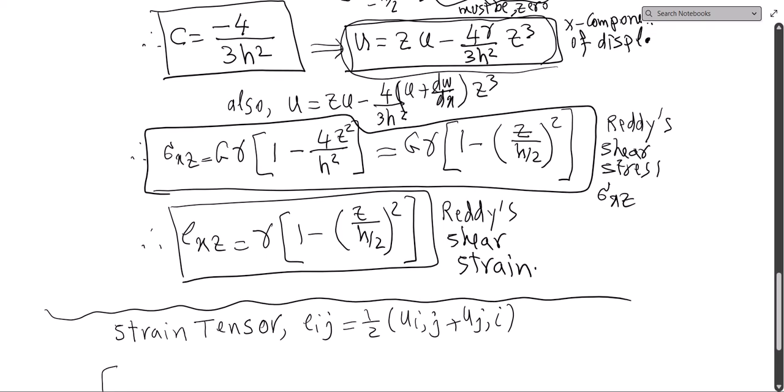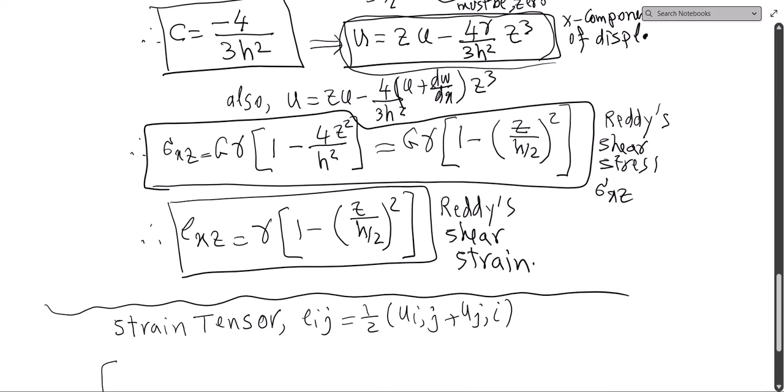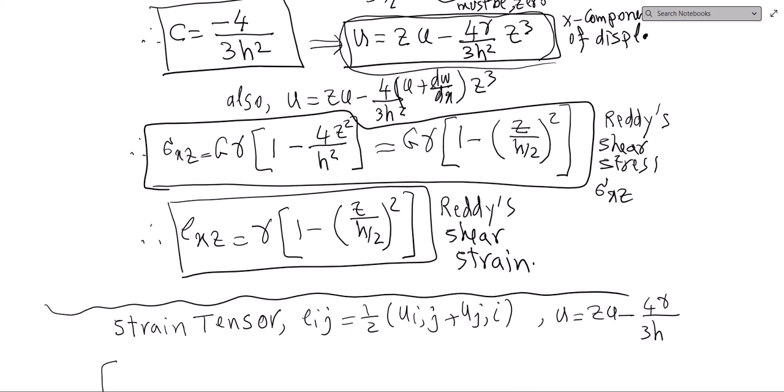So I rewrite it here. Basically, let's say I have u is z phi minus 4 gamma over 3h square z cube. V is 0 and w is w of x. So we have this.